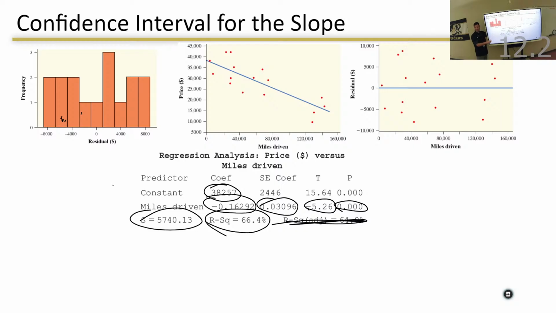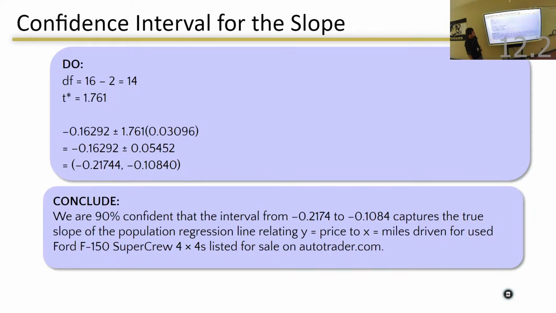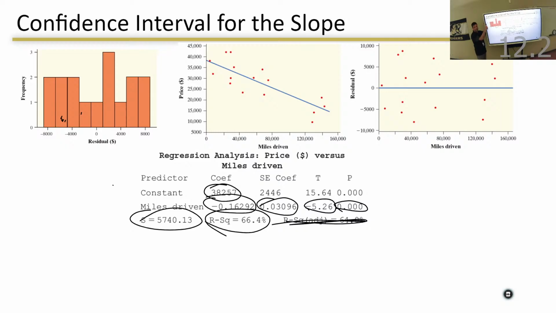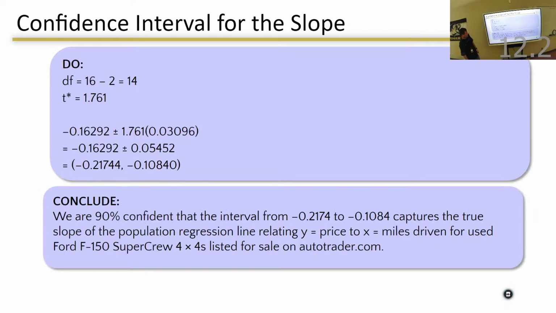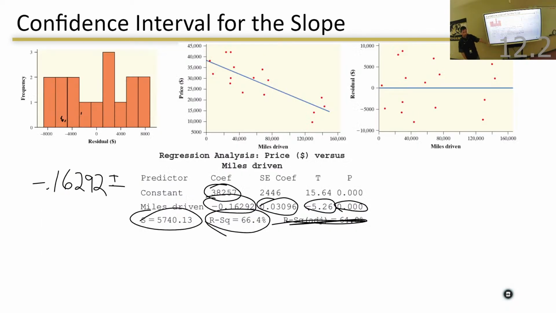To calculate the confidence interval from this data, for slopes, you're going to take the negative 0.16292. That's my sample b, plus or minus, and I think they wanted 90%.